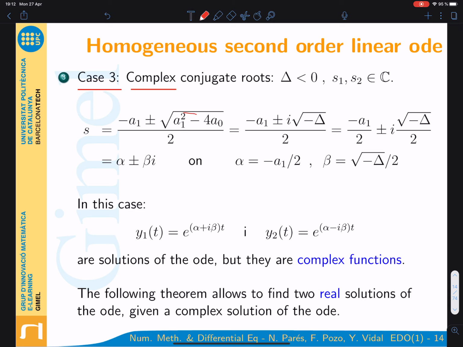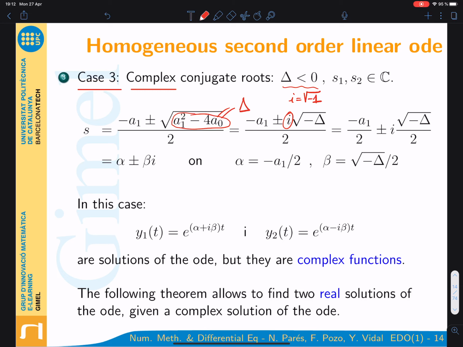What's going on here is that what's inside the square root is negative. So I decided to write it here in this way. I will call this nabla, and I know it's going to be negative in this case. That's why I get complex numbers. And the nicest way to write the solutions of the second degree equation here is to use, of course, the convention that i is the imaginary unit.